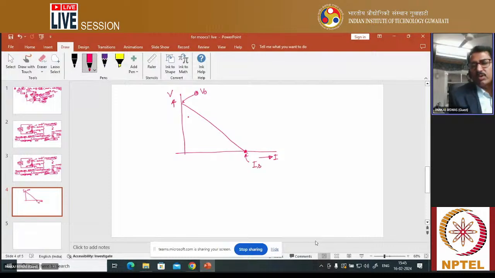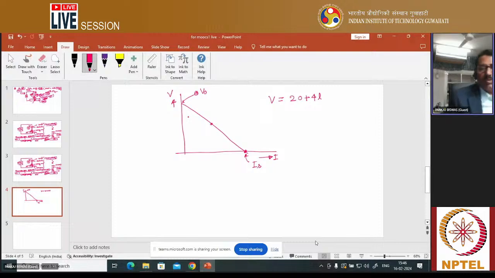During shorting of the arc, whatever current you get is called short circuit current. Here V is a function of 20 plus 4L.